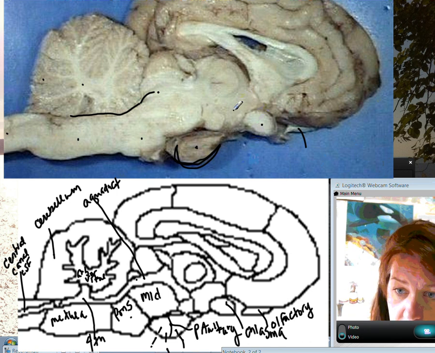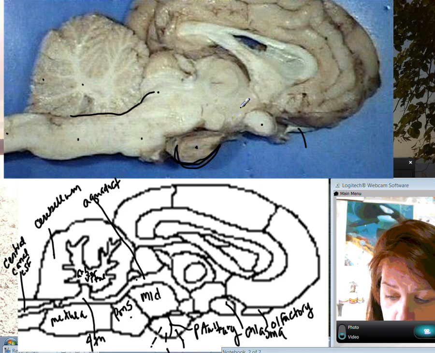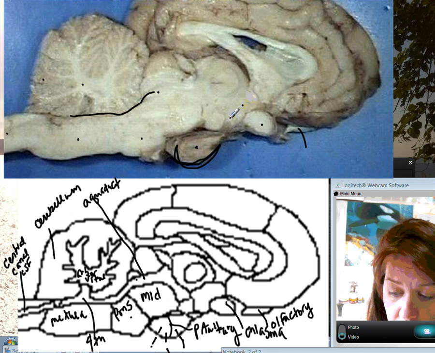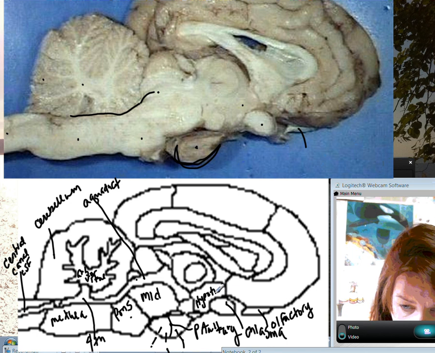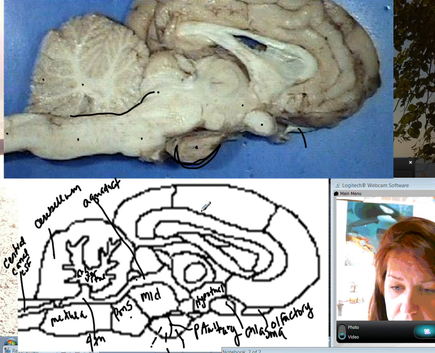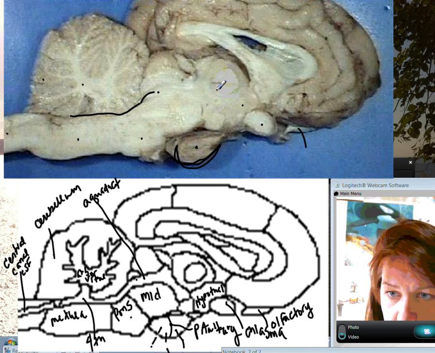Now, above that, in this region here, if I were to put my little needle right there, this is going to be called, hopefully we already know this, the hypothalamus. Now, you see the circle of the thalamus.